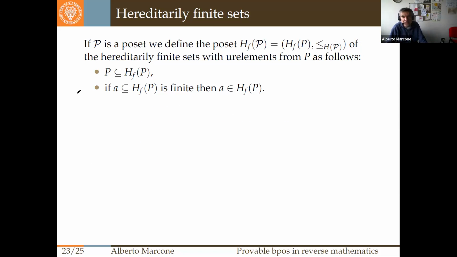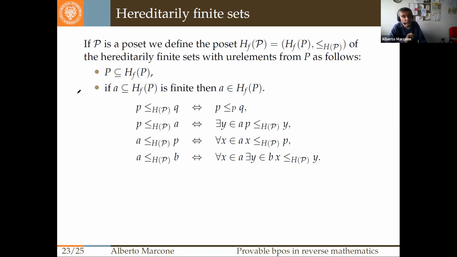The relation is quite important, obviously, what relation we put on this set. So on the elements of P, we just copy the obvious relation, which was already on the poset P. When we have to compare an element, P and Q here are always elements of a poset, while A and B are sets which occur in this construction of the hereditarily finite sets.